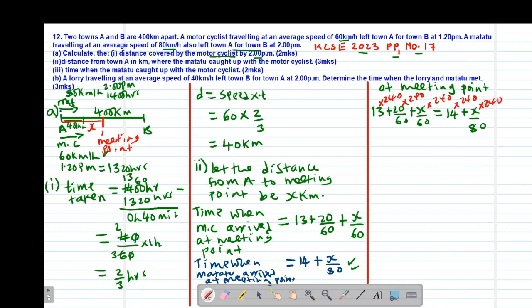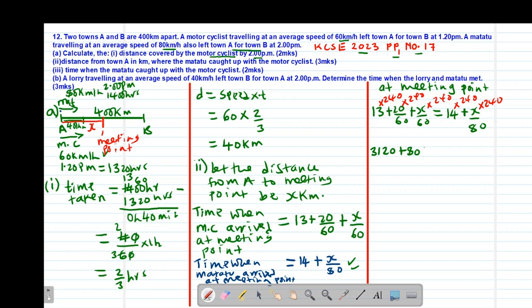If I take 13 multiplied by 240, I get 3120. Then 20 over 60 multiplied by 240 gives 80, so plus 80.